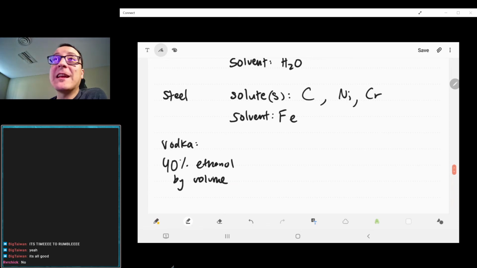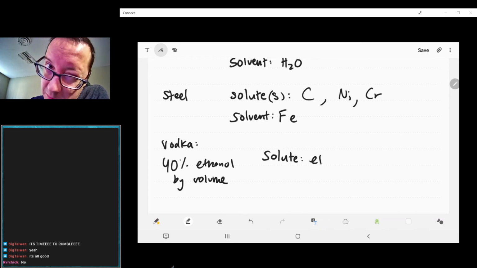And while that technically is not a mole fraction, it is a volume, water is going to be, because again, the water is so much, without having to calculate it, ethanol is fairly less dense than water, but ethanol is a much larger molecule in terms of molar mass than water is. So you can fit a lot more water molecules into the same amount of volume than ethanol molecules. So you will see that water will still be your solvent here.